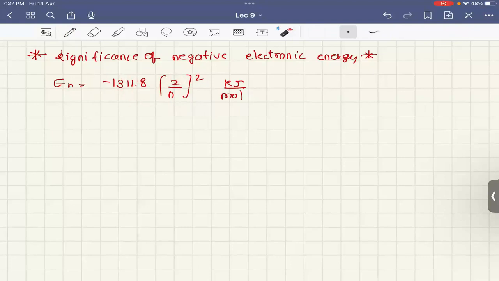So what does this negative energy convey? The negative sign of energy means that the energy of the electron in the atom is lower than the energy of a free electron at rest.